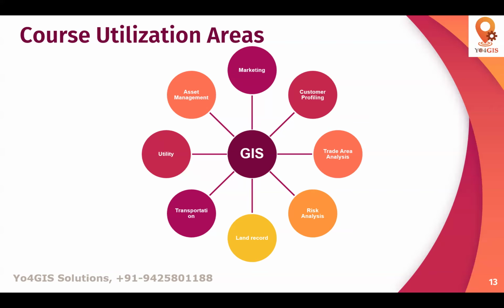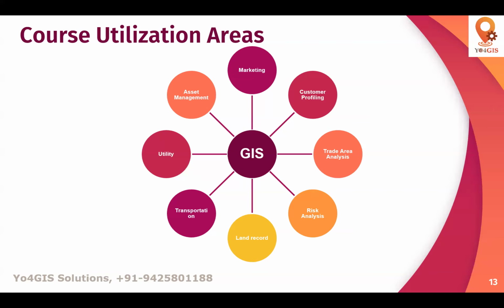But if you have the network in GIS format, you can use the network, you can do the forward tracing, you can do the backward tracing, you can do many more analyses with the help of GIS. Transportation.